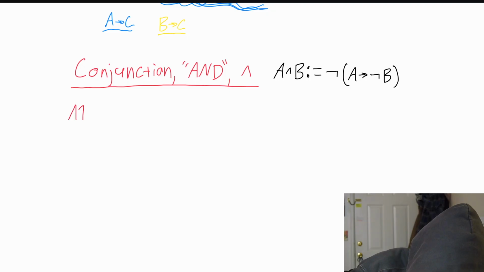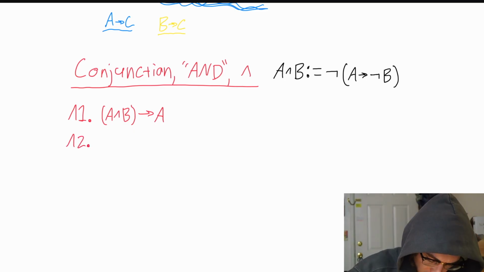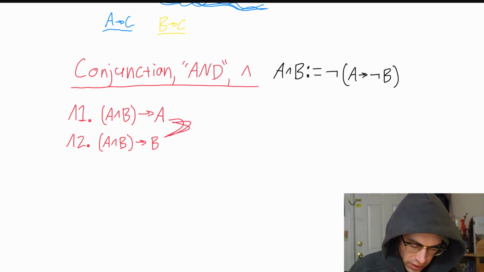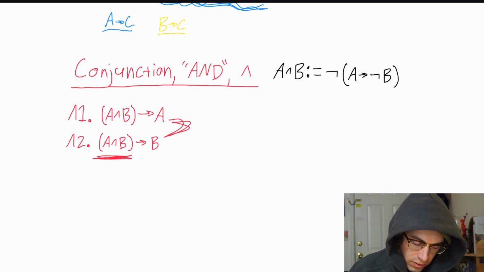The first part of the definition for conjunction is, if A and B is true, then A is true. The second part is, if A and B is true, then B is true. So together they say, if this whole statement A and B is true, then individually A is true and B is true.